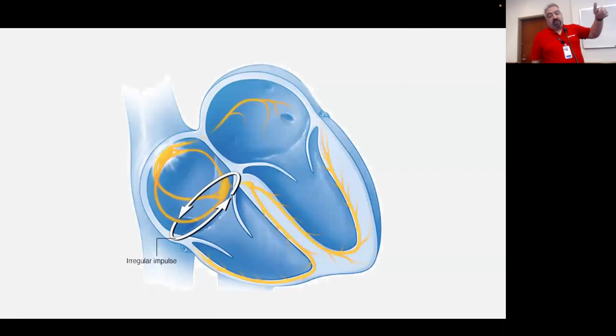Most commonly, there's a circuit that goes around the tricuspid valve. That's why this is easier to ablate than AFib: if you can figure out which pathway they're getting stuck in, you just burn off that one part, whereas in AFib, you have to burn off all the foci that are causing all of that extra firing.